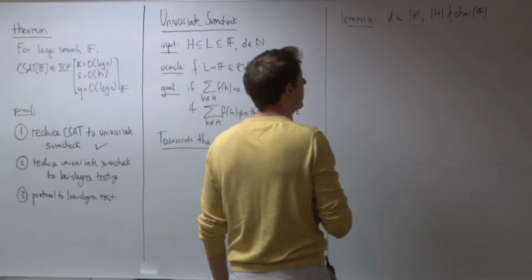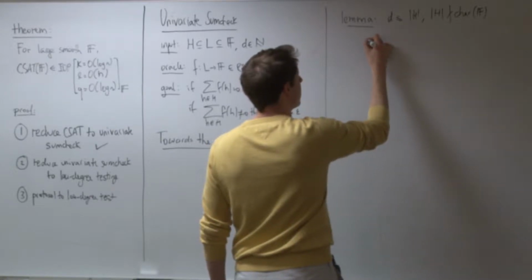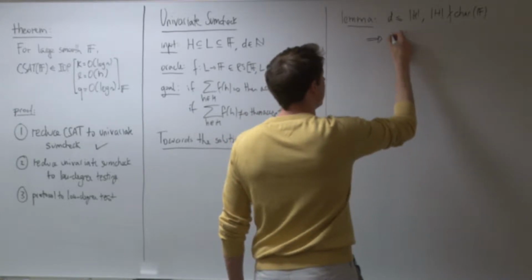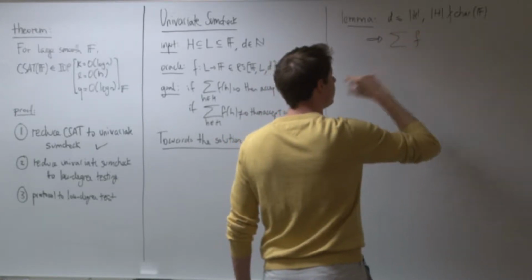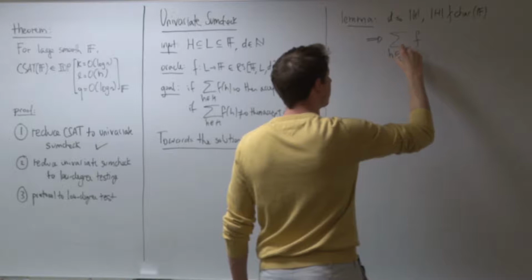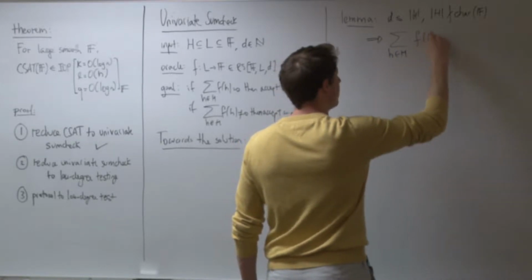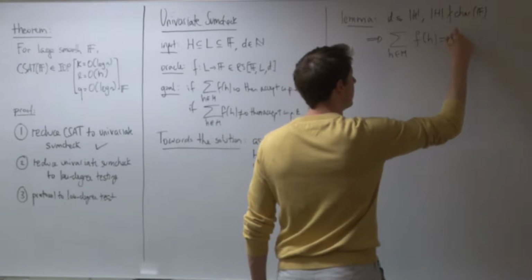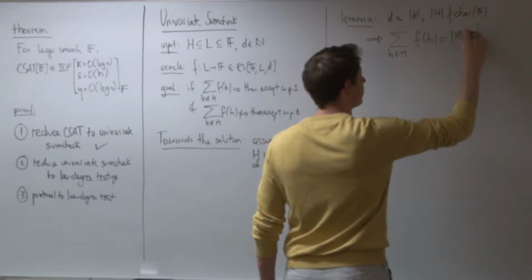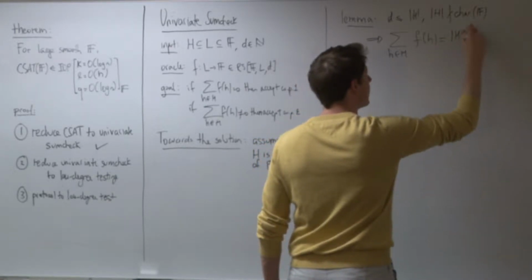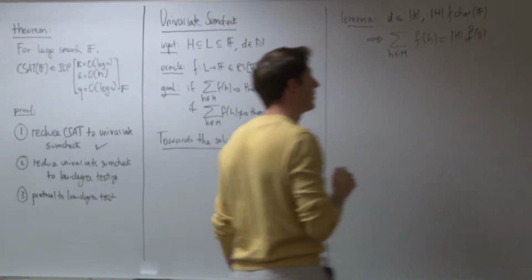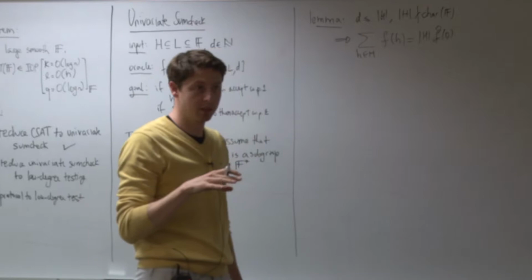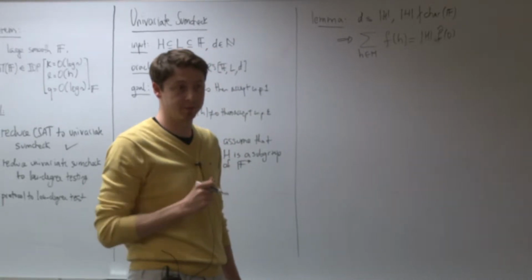Then we're going to prove that if you sum F over the summation domain, then you get the size of H times F hat of 0. What does F hat of 0 mean? It means that you take F, you interpolate it, you look at the 0th coefficient.